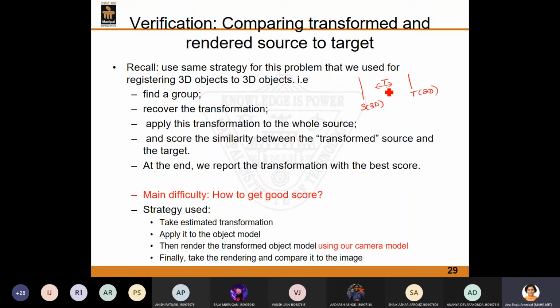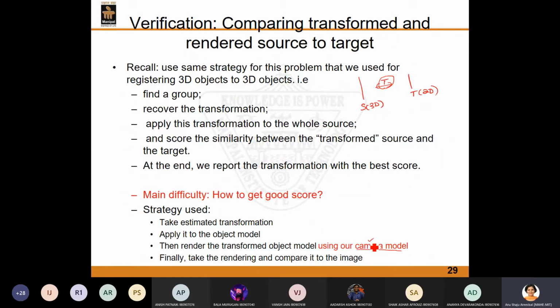Now, this particular transformation which we have estimated, we can apply to the source object. And as I said earlier, we would try to take the image of this. How we do that exactly is we assume that we have a camera model, a specific camera model whose intrinsic and extrinsic parameters are known to us.